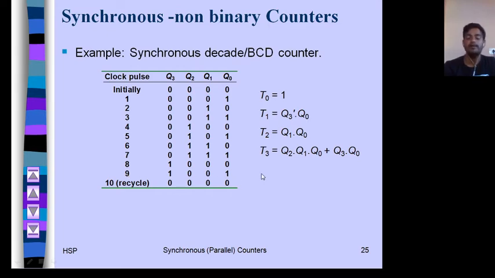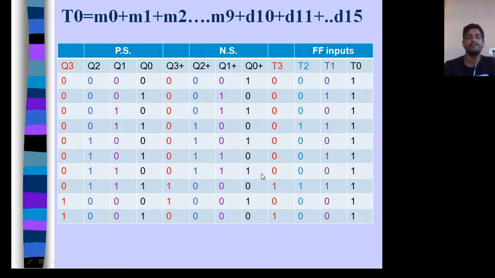Now we will make the present state, next state table. Q3, Q2, Q1, Q0 is the present state. Q3 plus, Q2 plus, Q1 plus, Q0 plus is the next state. First 0, 0, 0, 0 will go to 0, 0, 0, 1. What is the next state of 0? It will be 1.